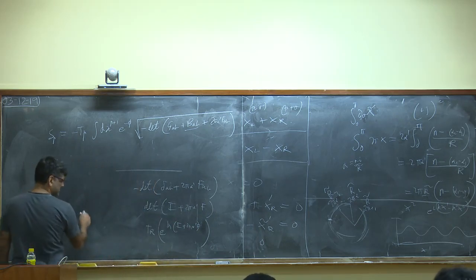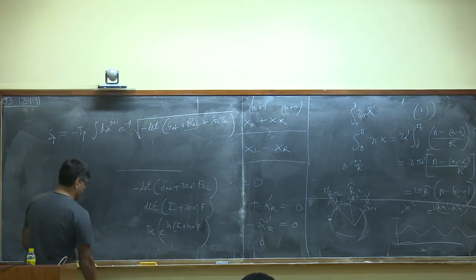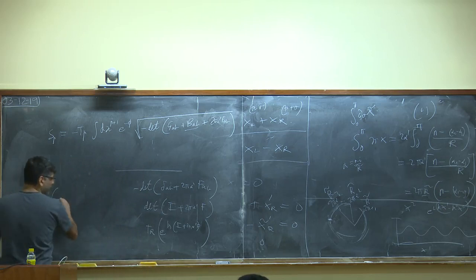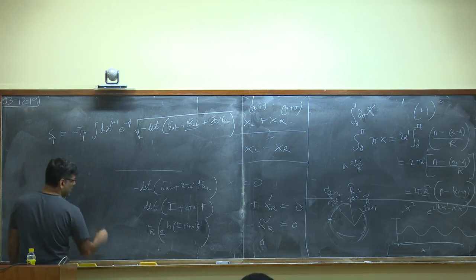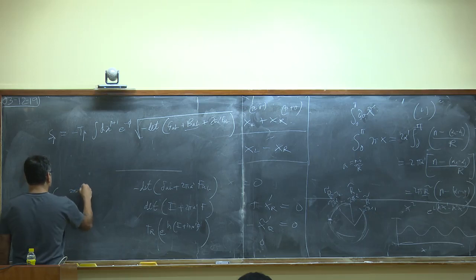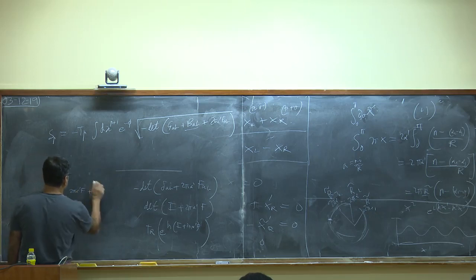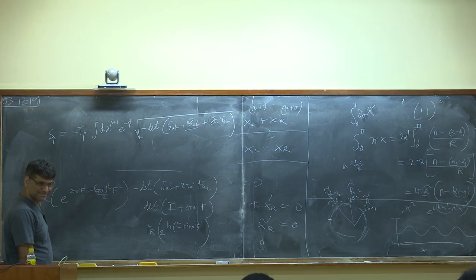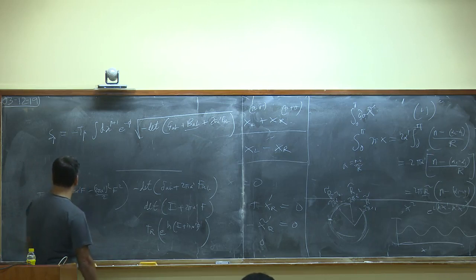We have to expand it to second order. So I get the trace of e to the power 2 pi alpha prime f plus minus 2 pi alpha prime, the whole thing squared, by 2, f squared. And then ignore everything else. Okay, and then I evaluate this.